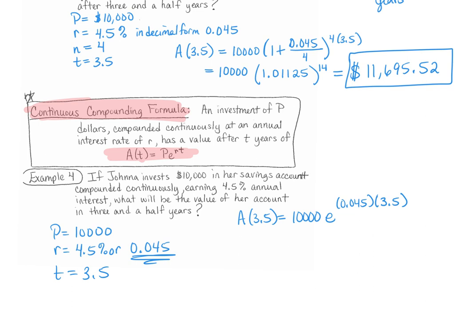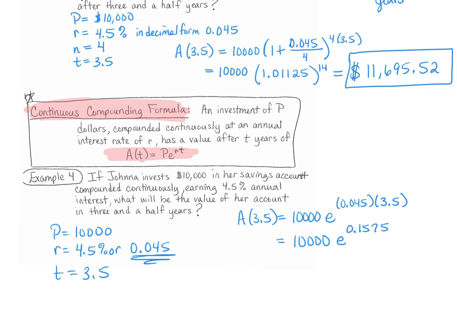Now, your calculator will only do what you tell it. So if you have a basic calculator, you may want to multiply these first. When you multiply these, what do you get? 0.1575. Good. So this will be 10,000 E to the 0.1575.